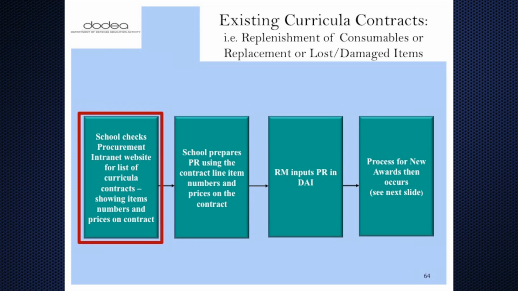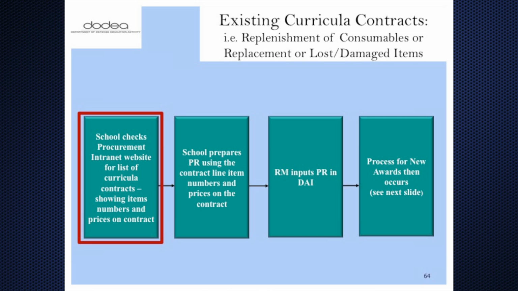So related to what we just talked about with ordering from delivery orders or task orders from existing contracts, I'm going to spend a couple slides just talking about that because it is very common in DoDEA to order from curriculum contracts. So the step-by-step process is that if you're ordering from curriculum contracts, you need to replenish consumables or replace lost or damaged items, whether we're talking about STEM supplies or library books or textbooks.